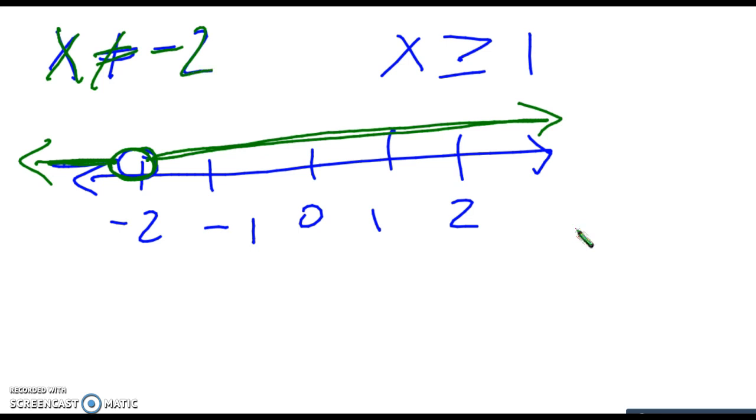All right, now let's see what it looks like when x is greater than or equal to 1. X is greater than or equal to 1 means I'm including 1, and using that as the arrowhead, it needs to go this way. My solutions will be where the green and the red overlap. They overlap here.